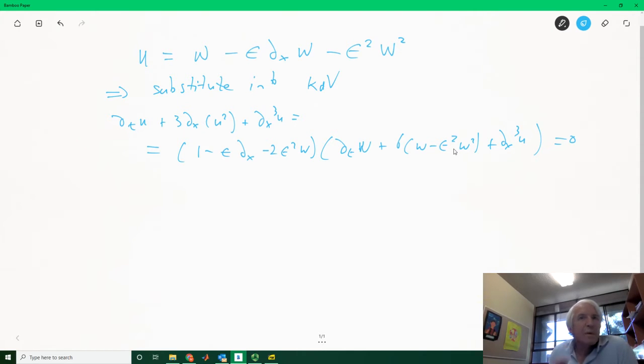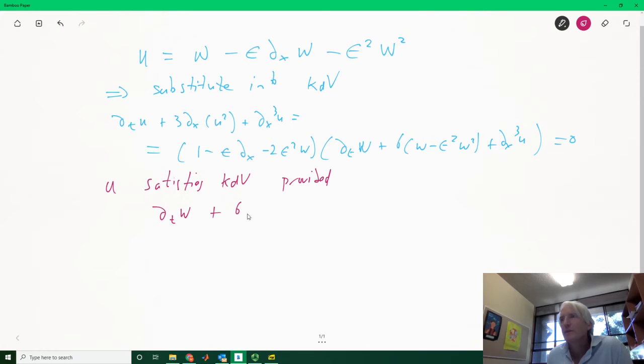I'll write that down here. u satisfies the KdV provided that we have this equation here: dt w plus 6w minus epsilon squared w squared, whoops, I've forgotten a term here, haven't I, dx w, plus dx cubed w equals 0.